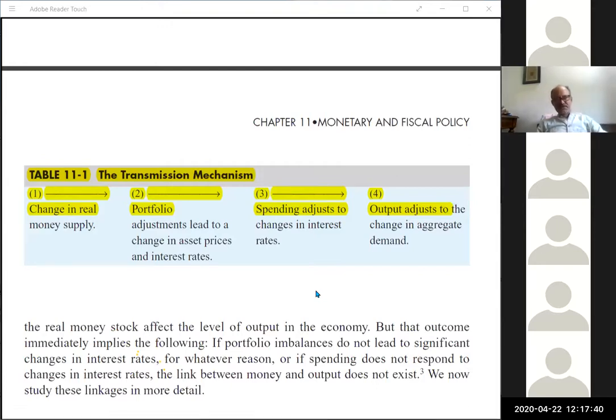But then, let us look at it again from the point of view of the rate of interest. You have the change in money supply, and this increase in money supply, given the level of money demand, will lead to the fall of the interest rate. And this fall in the interest rate would then lead to the increase in the investment, right?